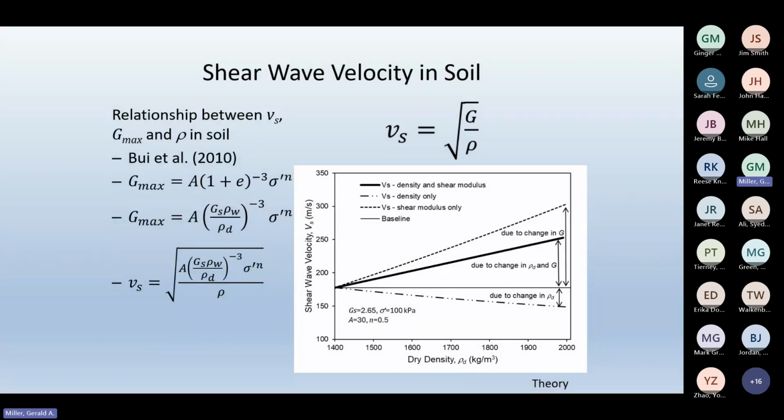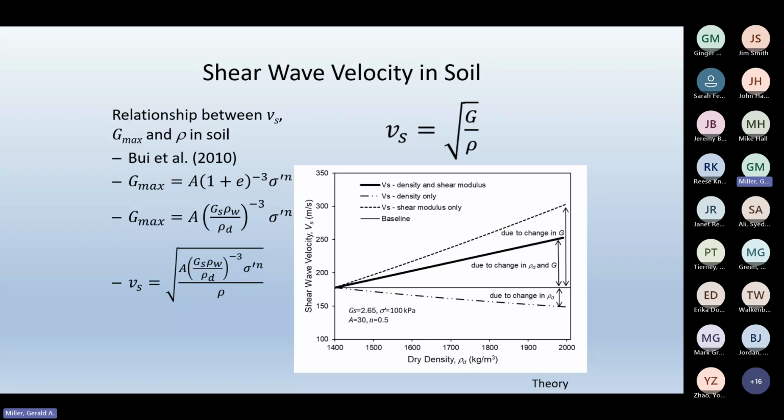And without going into great detail, what I did is I took a sort of universal equation for G max based on a publication by Bui et al. This is a general equation that relates G max, shear modulus, to void ratio, which we can relate to density, and effective stress state.